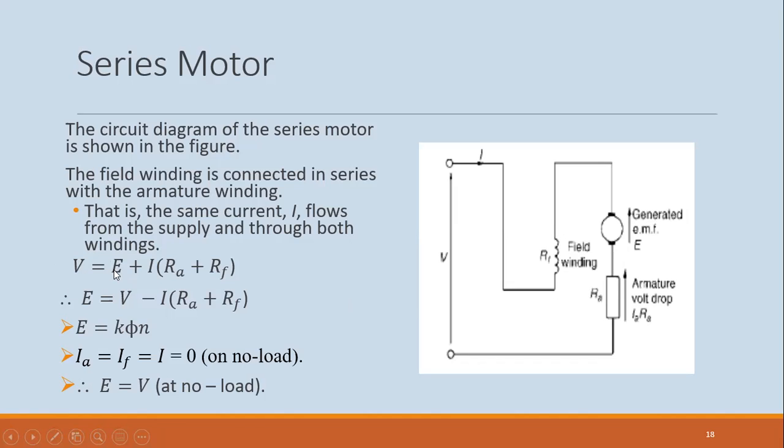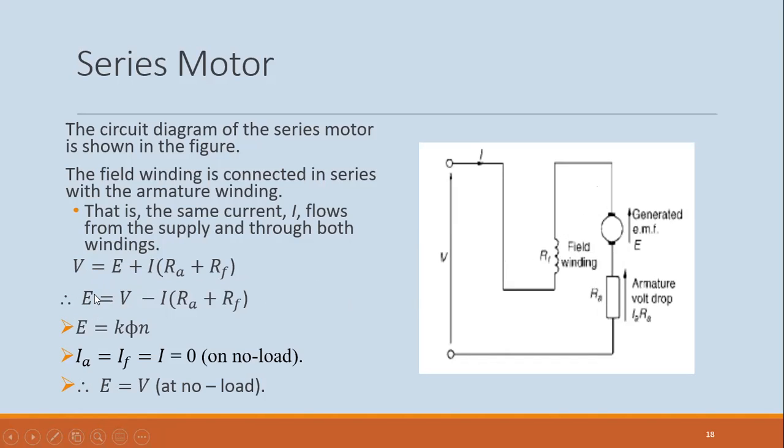So V here now is going to be equal to the voltage drop across the two windings plus the induced EMF. All right, so that is written like this: V is equal to E plus I into RA plus RF.